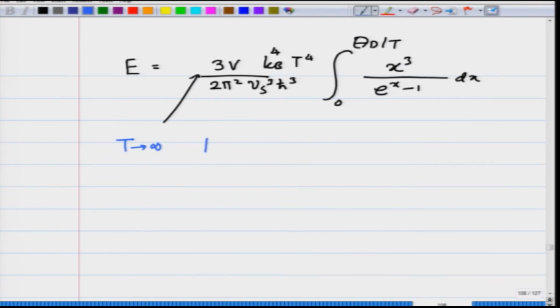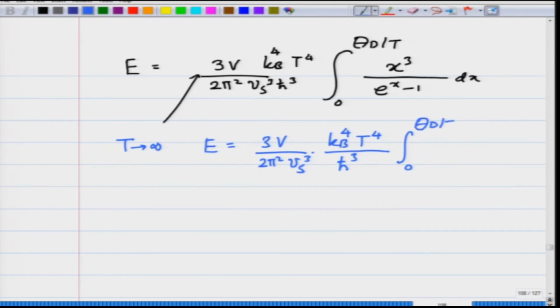infinity, this E goes to 3V over 2 pi square V_s cubed, k_B raised to 4, T raised to 4 over h cross cubed, integral 0 to very small number of x cubed over e raised to x minus 1 dx, and e raised to x minus 1, the integrand now is only for small values, can be approximated as 1 plus x minus 1, which is equal to x.